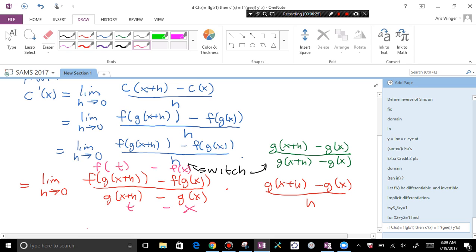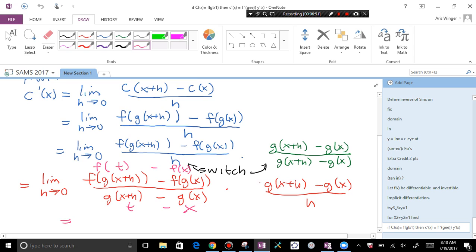So now in evaluating the limit, what is this? Can someone see what this is as h goes to 0? The limit as t goes to x of f of t minus f of x over t minus x. Something like that. Can you see that?